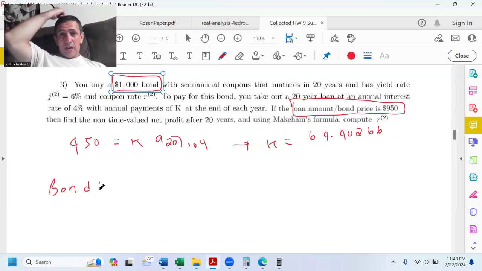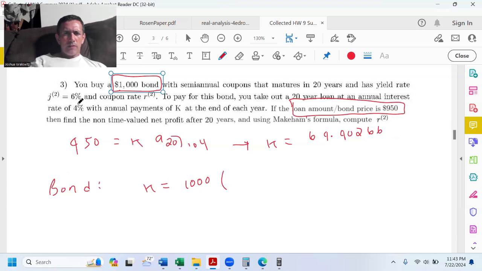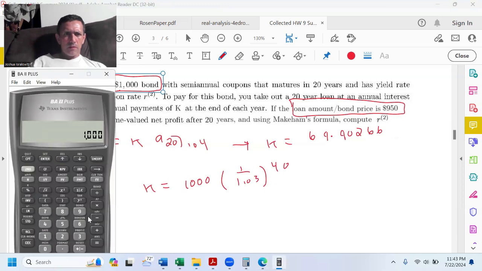So again, I would just do Makeham's formula. I think that's the easiest thing to do. So let's say K, it's a $1,000 face value bond, yield rate of 6% nominal semi-annual, divided by 2. This is 40. I heard someone refer to bond formulas and bond calculations as almost like an alphabet soup of stuff.